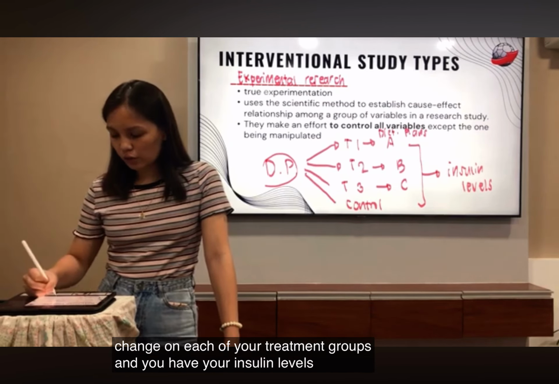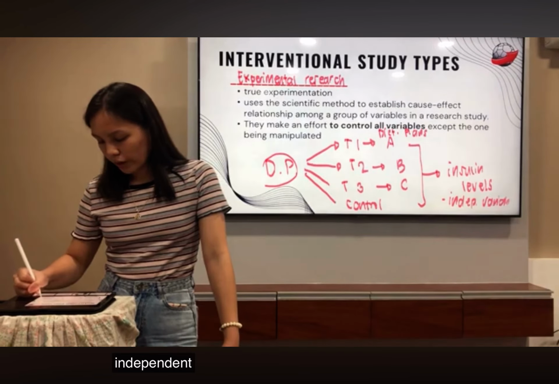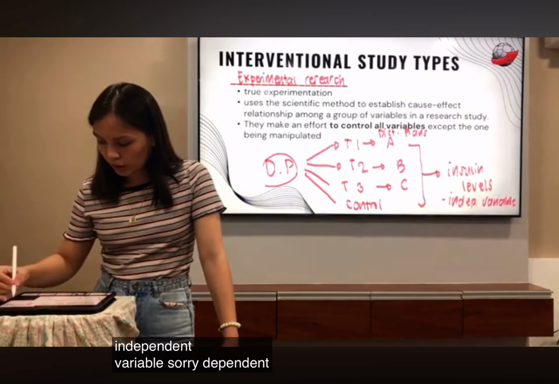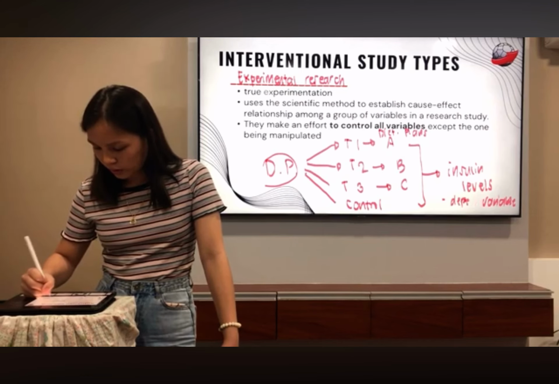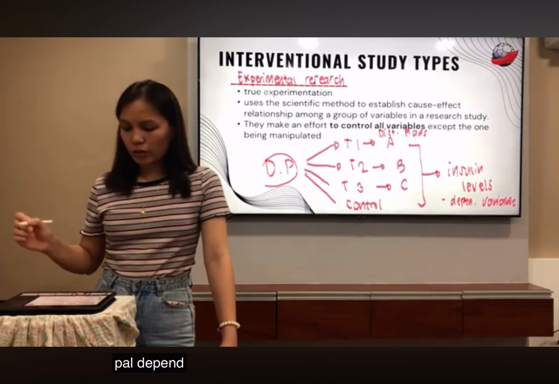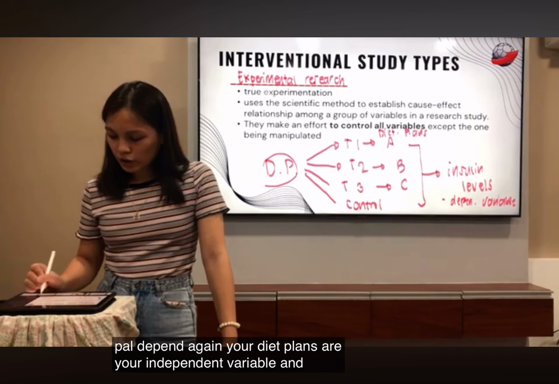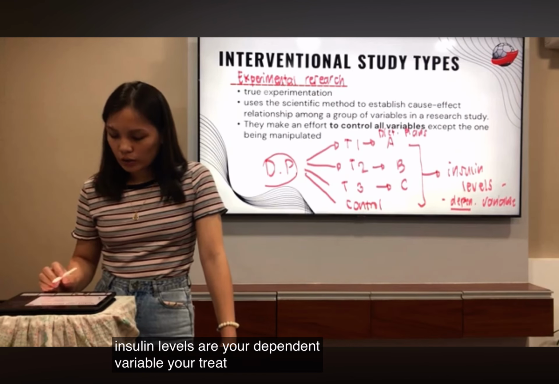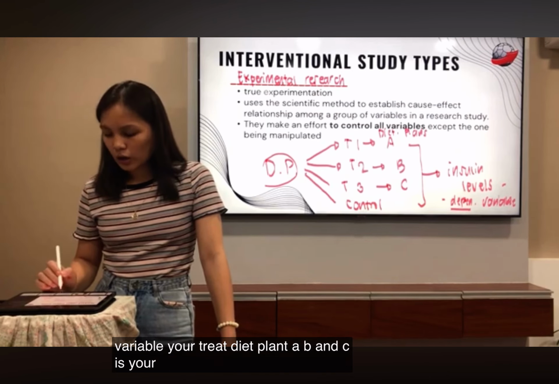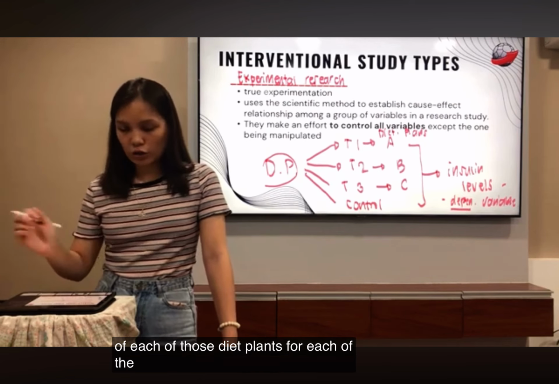And you have your insulin levels, which is the dependent variable. Again, your diet plans are your independent variable, and your insulin levels are your dependent variable. You changed the composition of each of those diet plans for each of the treatment groups.